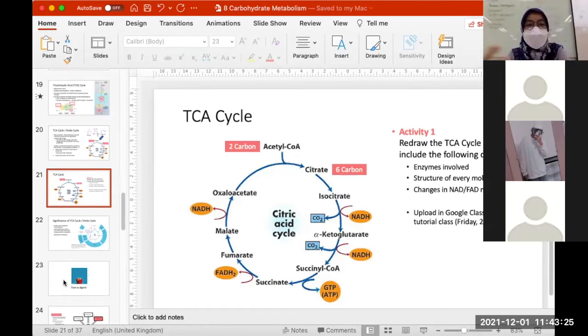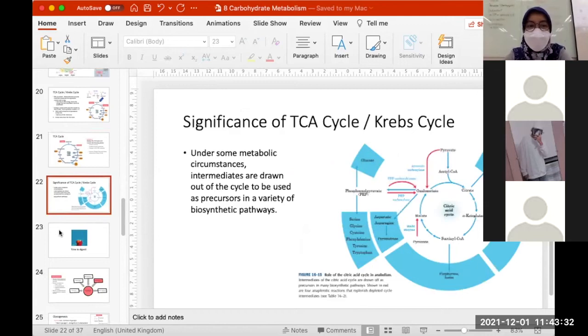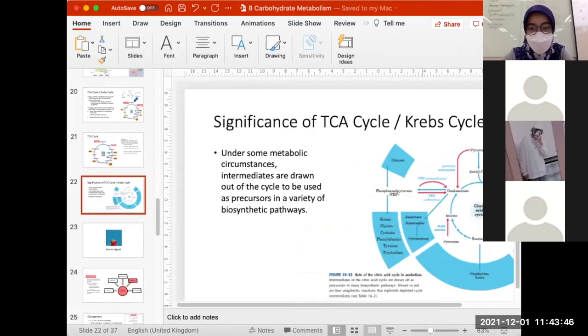So it can be glycolysis, it can be TCA cycle, or these pathways. So try to minimize losing marks because you don't remember the flow. Okay, let's continue.